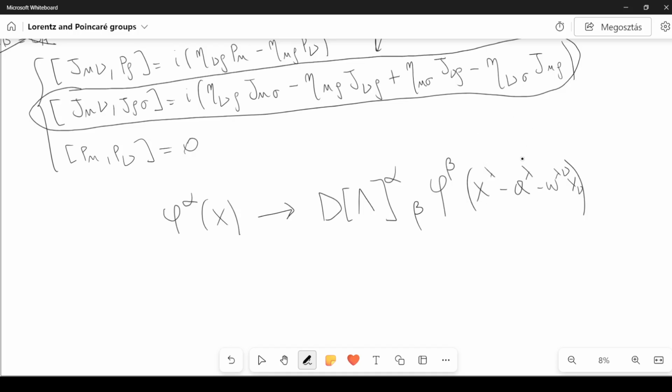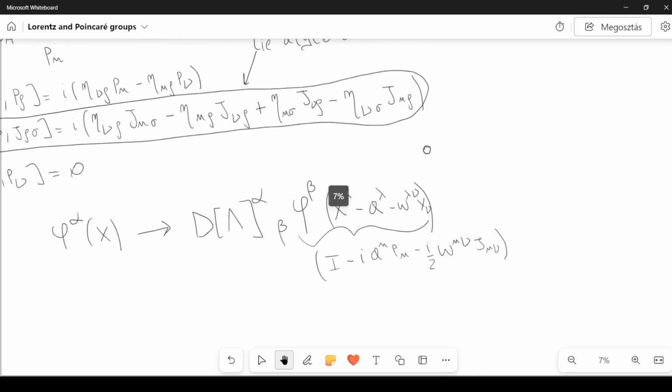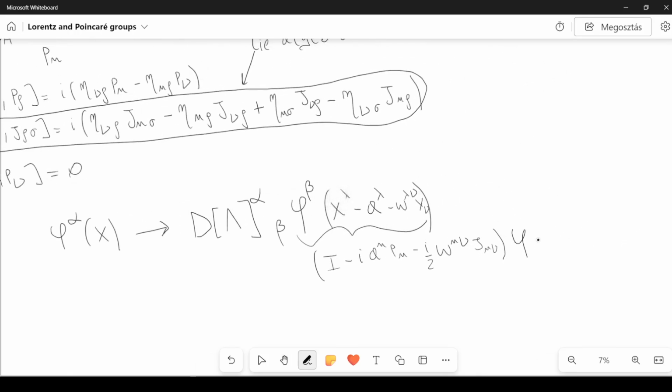And then you also have the translation related to Poincaré invariance. We have already seen how to write such an expression. We have the identity minus i a mu p mu minus i over 2 omega mu nu J mu nu, and then here we have phi beta of x.